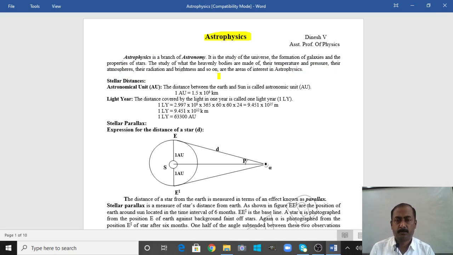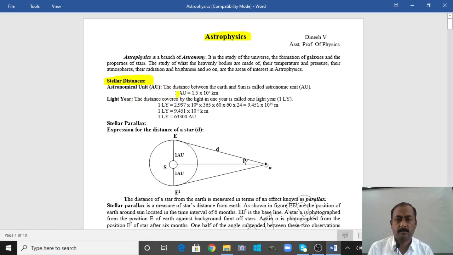Here, before going to the properties of stars, like temperature, pressure, and so many things, first we have to understand the stellar distances. What are the units taken to measure the stellar distances? Here, first one is astronomical unit. It is denoted as AU.